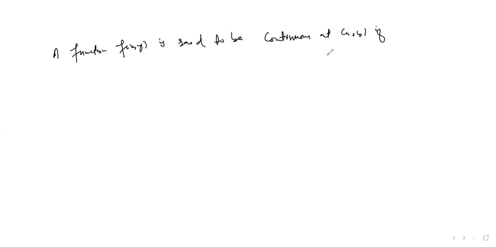What is its definition? The definition is this: a function f of x, y is said to be continuous at a, b if the condition is this: limit as x, y approaches a, b of f of x, y is equal to f of a, b.